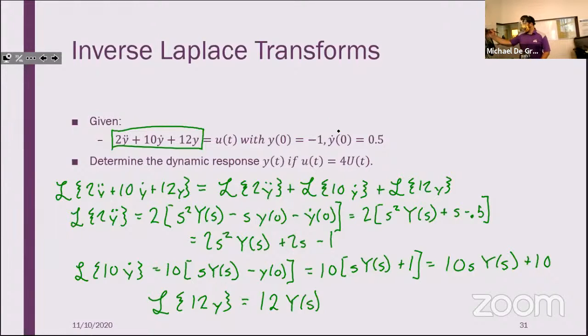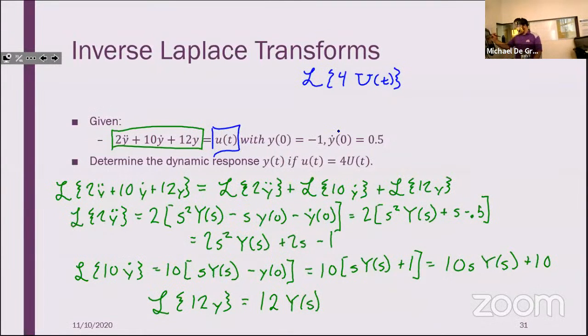Before we do that, let's look at u of t, because we also want to take the Laplace transform of u of t, which is 4 times u of t. And u of t is the unit step, which we know is just equal to 1.